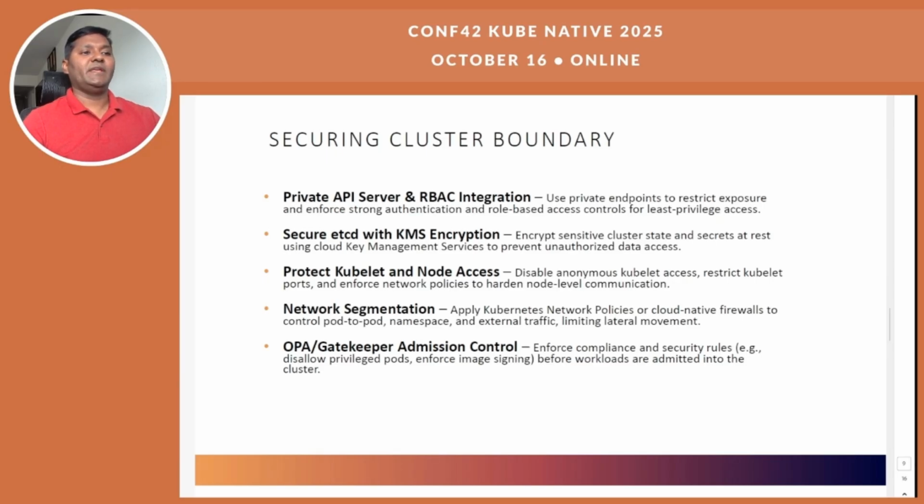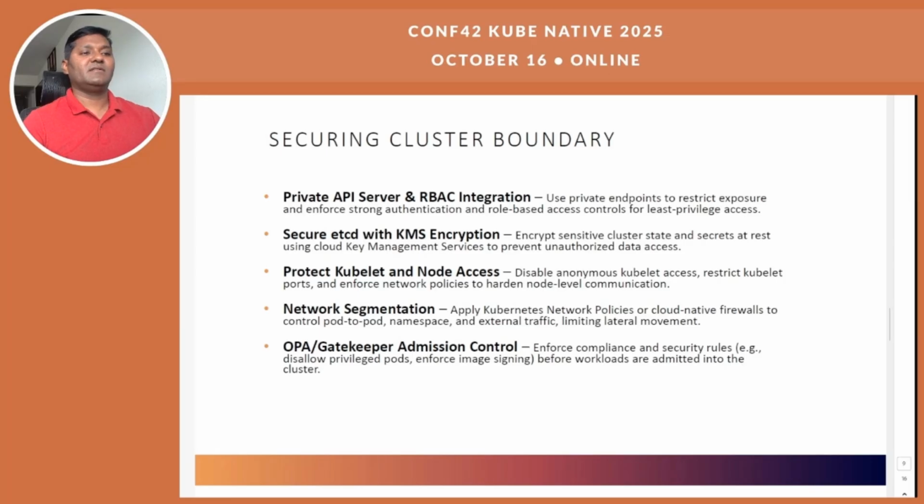Finally, OPA Gatekeeper admission controller enforces compliance and policy rules before workloads are admitted. Examples include blocking privileged pods, ensuring image signatures, or verifying configuration standards. Together, these controls strengthen the internal security posture of the Kubernetes environment by safeguarding its most critical management and operational components.